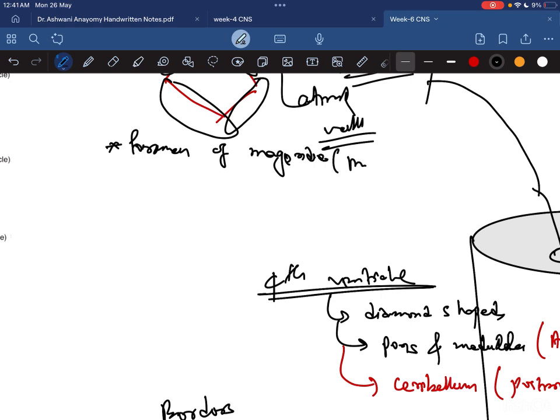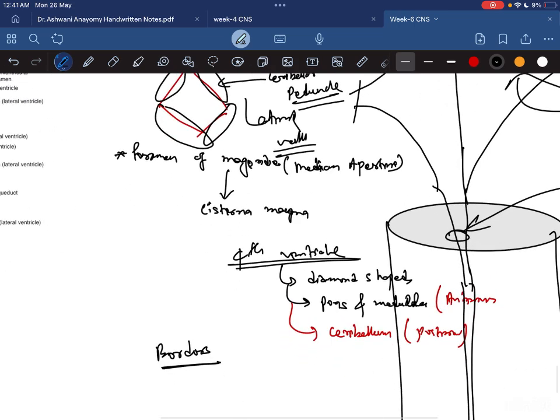It is present in the median aperture, and it opens into the cisterna magna.